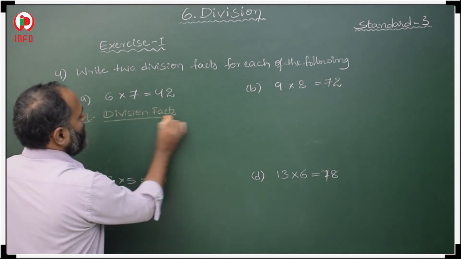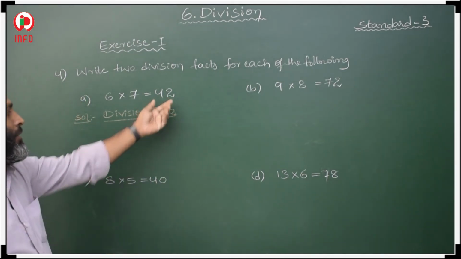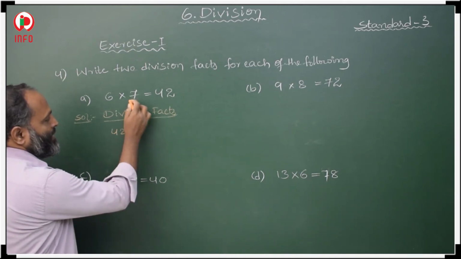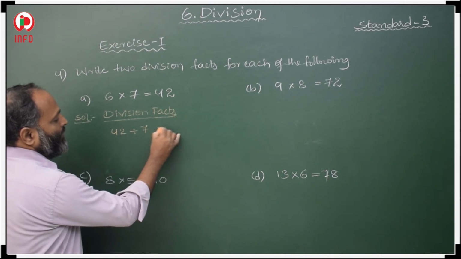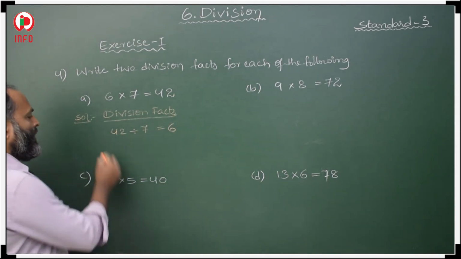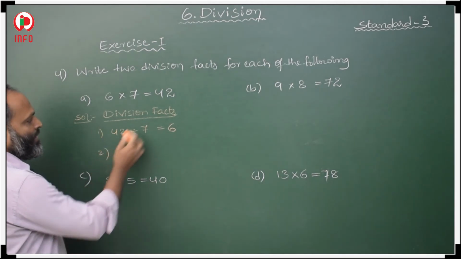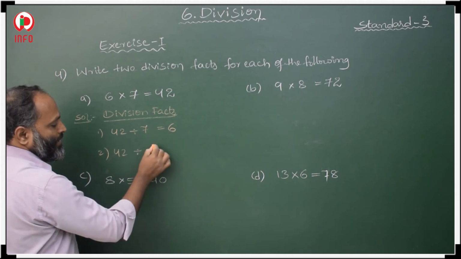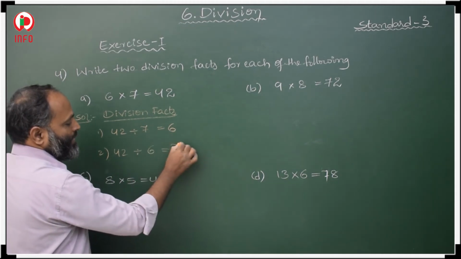So, what are the division facts? First we have to take this product. If the product is divided by this 7, then we will get 6. In the same way, second fact, if again this product is divided by this 6, then you will get 7.